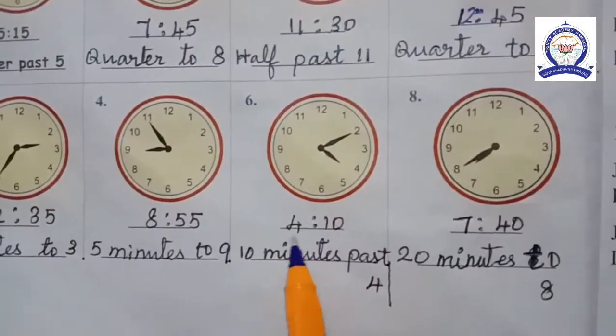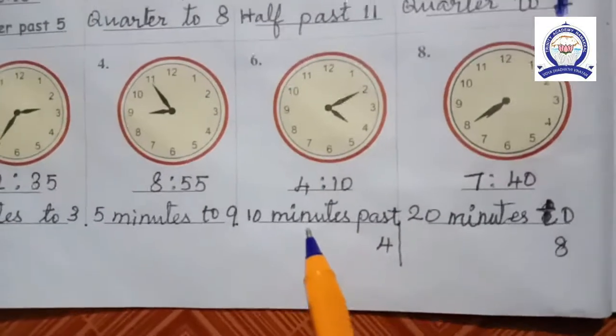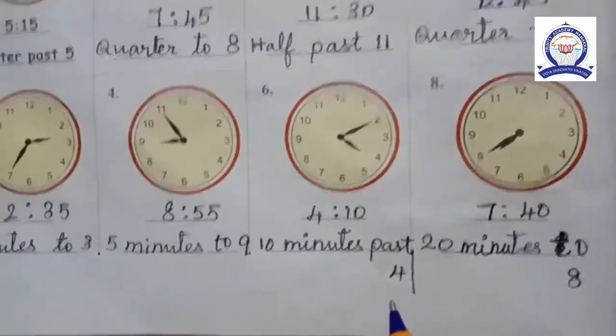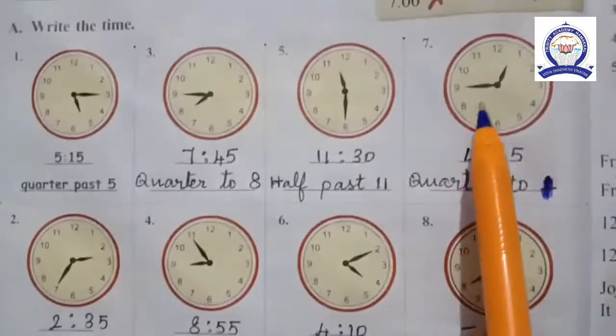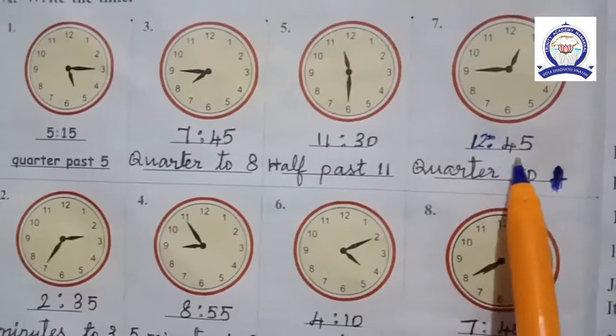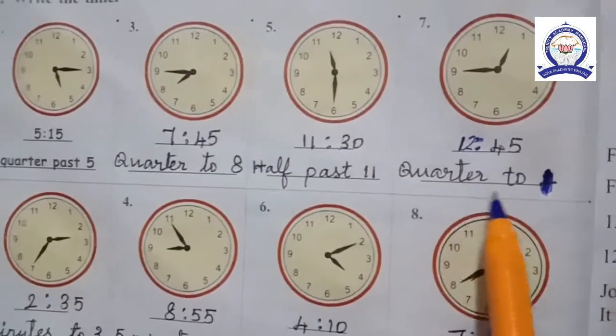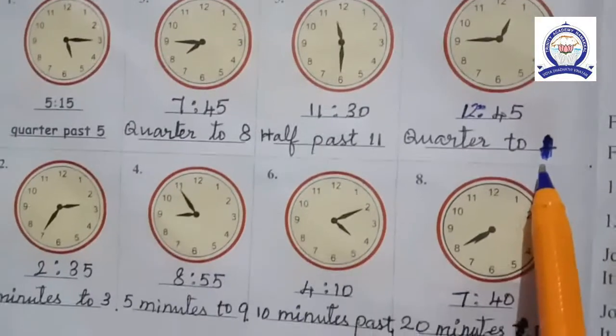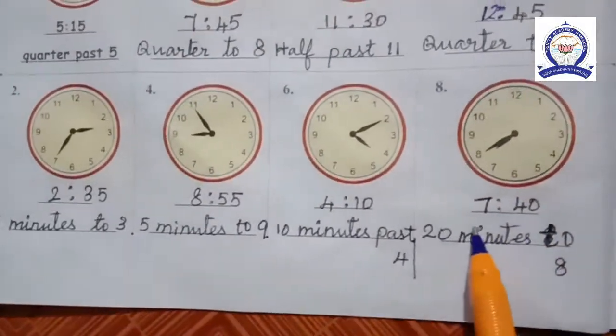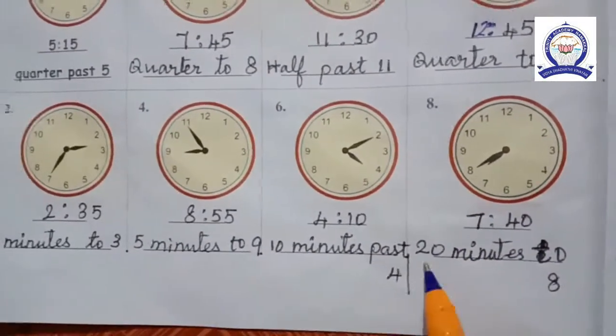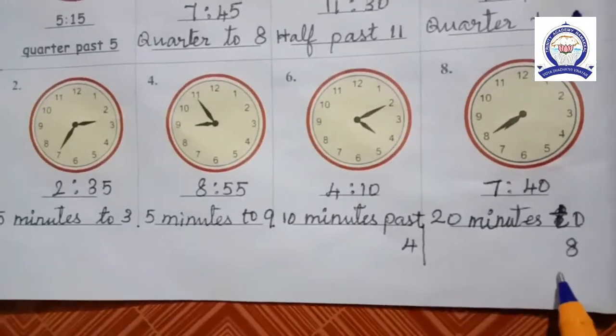Sixth one. 4:10. 10 minutes past 4. Next sum. 12:45. Quarter to 1. Next sum, children. 7:40. 20 minutes to 8.